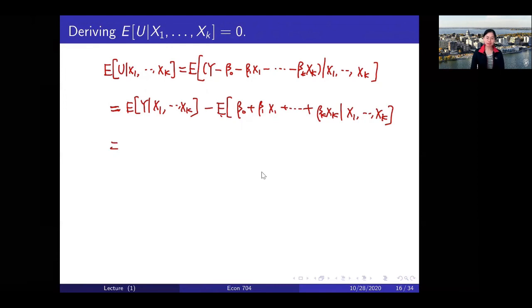And we just derived that E(y given x1 to xk) is a linear function, and according to the linear regression equation that we wrote down, this equals beta 0 plus beta 1 x1 plus ... plus beta k xk.